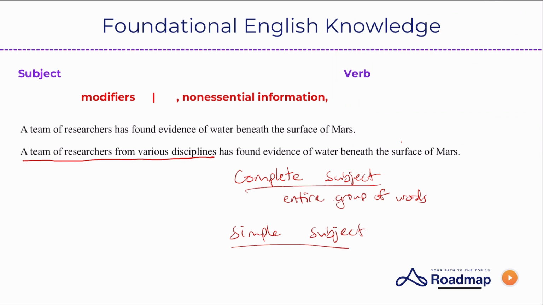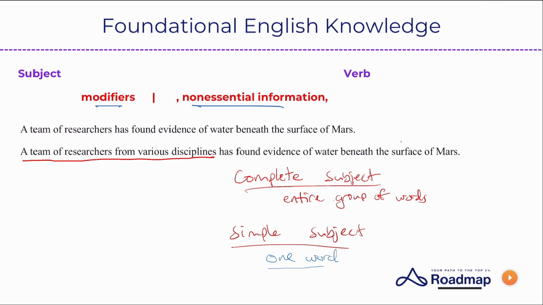The simple subject is that one word that makes up the main subject of that sentence. So again, what you're looking for when you're solving subject-verb agreement questions is the simple subject. You're looking for that one word and identifying whether that simple subject is singular or plural.